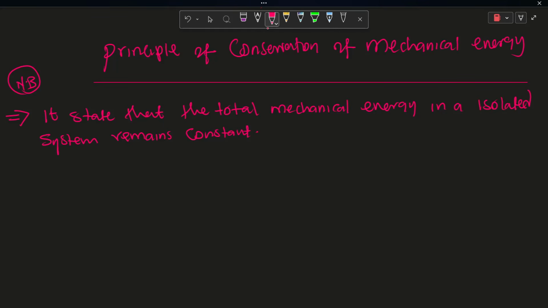Okay. Now, let's go straight to the formula. The formula says E mechanical energy at point A is equal to E mech, the mechanical energy at point B. Others can say after and before.